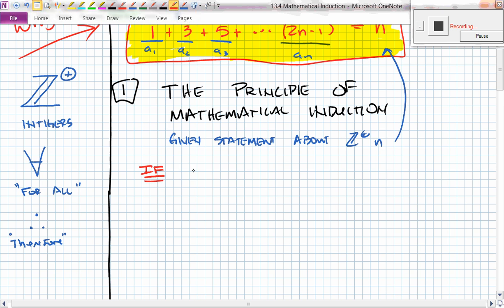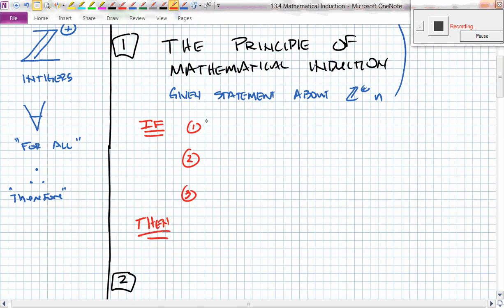If 3 things happen, then you can say that this is true for all integers. So let's set up the 3 things. The first step is pretty easy. The first step is to show that the statement is true for n equals 1. So the very first term, you have to show that it's at least true for the very first term.